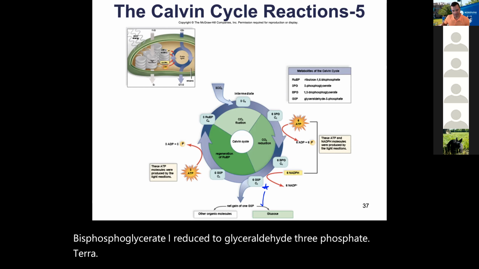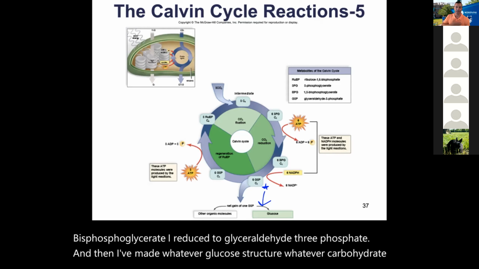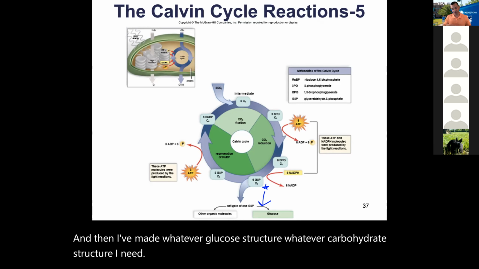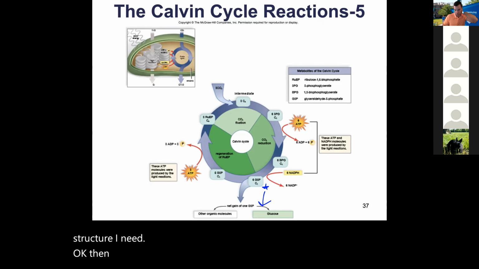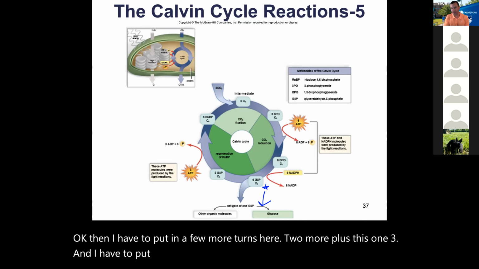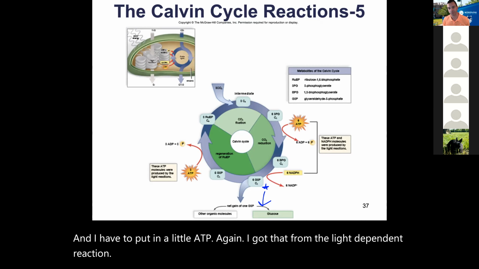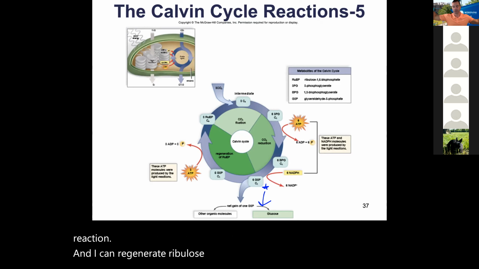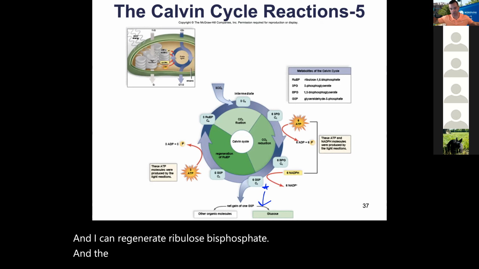And then I've made whatever glucose structure, whatever carbohydrate structure I need. Then I have to put in a few more turns here, 2 more, plus this one, 3. And I have to put in a little ATP. Again, I got that from the light-dependent reaction. And I can regenerate ribulose bisphosphate. And the menagerie can continue again.